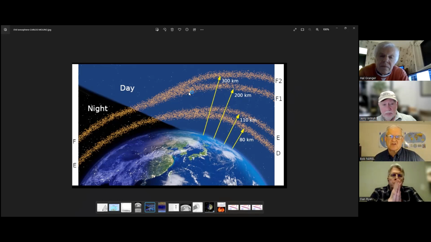But as the sun goes down, that D layer pretty much goes away, the E layer also gets pretty weak, and then the F1 and the F2 collapse into a single layer. It's a little lower than F2, and it's a little denser than either of them separately.